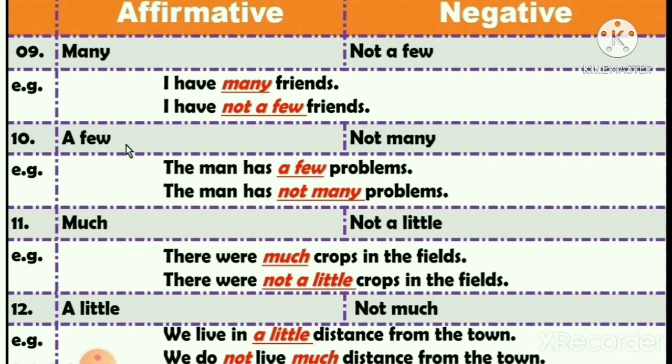There is much crops in the fields, so this is an uncountable noun, so we can change it in this way: there were not a little crops in the fields. We live in a little distance from the town, so we do not live much distance from the town.